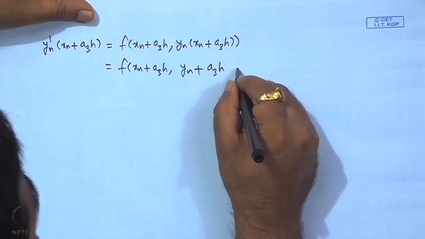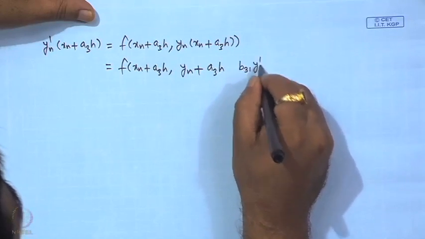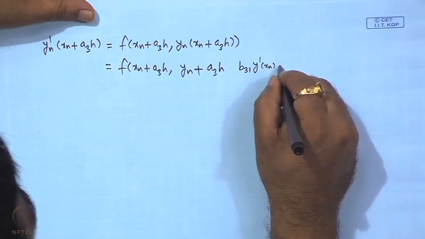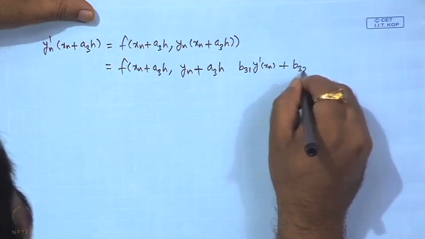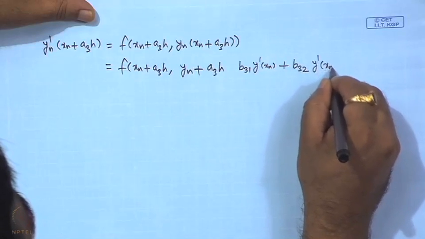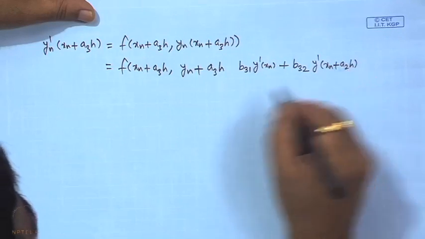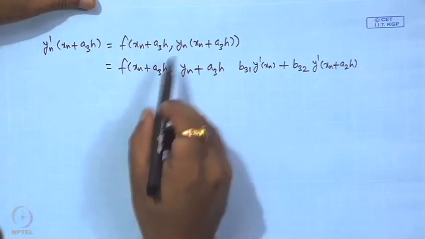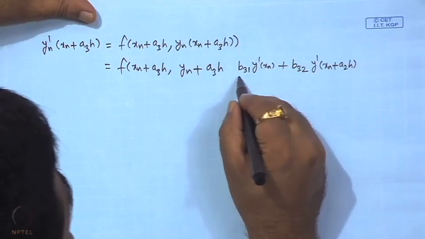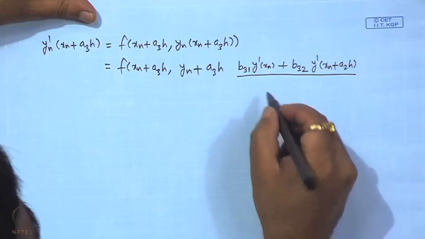So, we introduce some notation b 3 1 times y dash of x n plus b 3 2 times y dash of x n plus a 2 h. See, this is at a 3 h. Therefore, we have used the past two slopes, at x n and x n plus a 2 h.